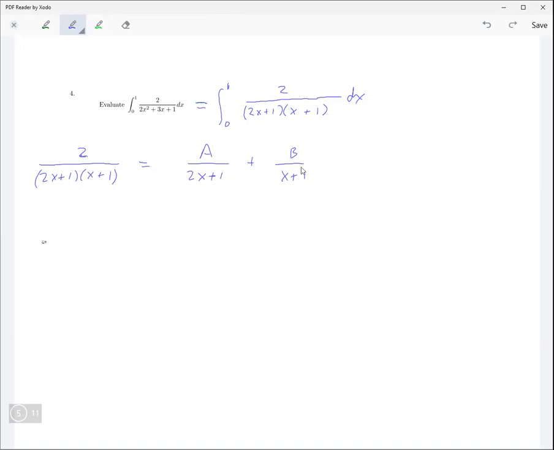So this is the most general kind of situation where the common denominator is the product of these two. So what you want to do is multiply both sides by this common denominator.